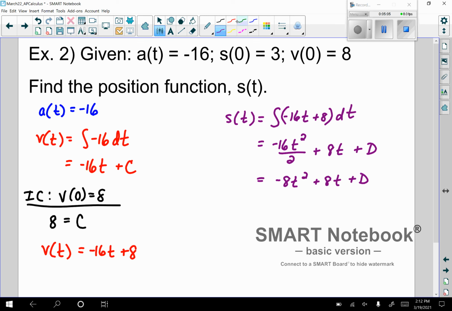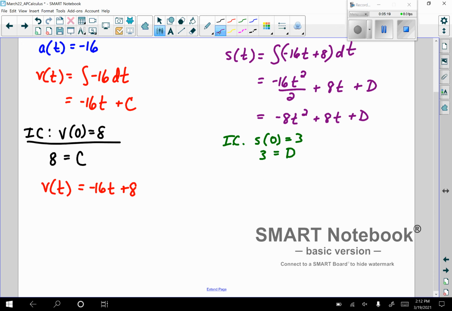And we'll find d. So again, we're using our initial condition here that s of 0 is equal to 3. So that means 3 is going to equal, well, this will become 0, 0. So d is equal to 3. So our position function is negative 8t squared plus 8t plus 3.